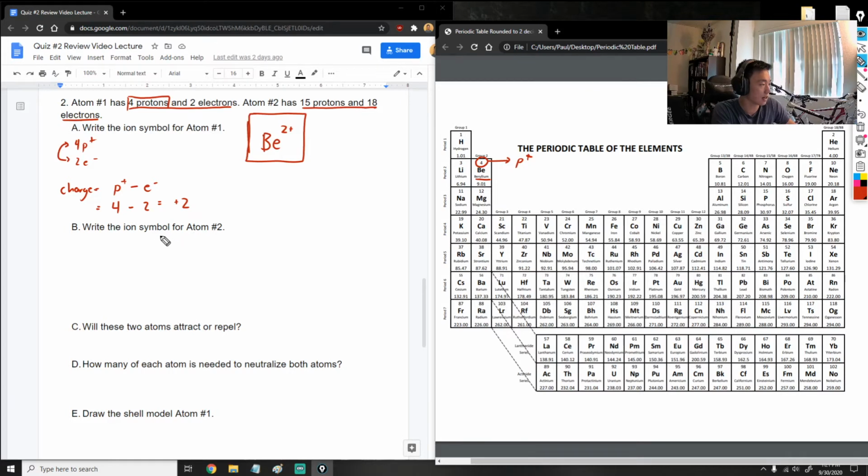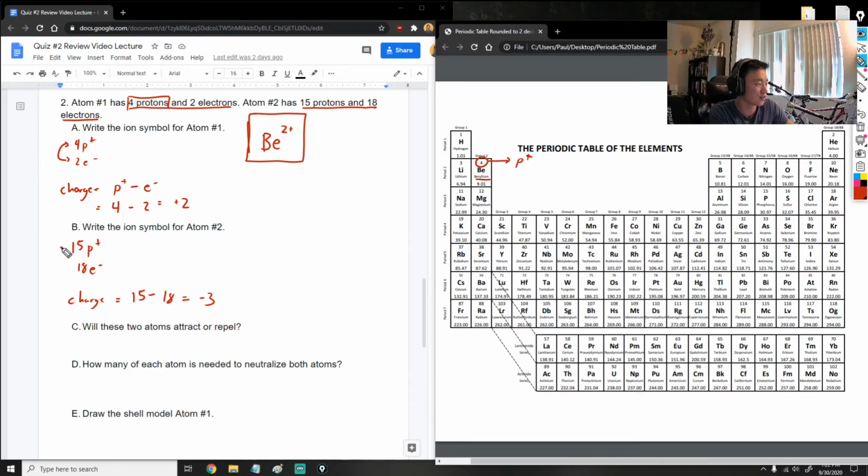Alright, the second atom, it's up here. It has 15 protons and 18 electrons. And we're going to calculate the charge. The charge is going to be protons, 15, minus electrons, 18. So 15 minus 18 is negative 3. So the charge is negative 3. And I forgot to find the atom, but it's okay.